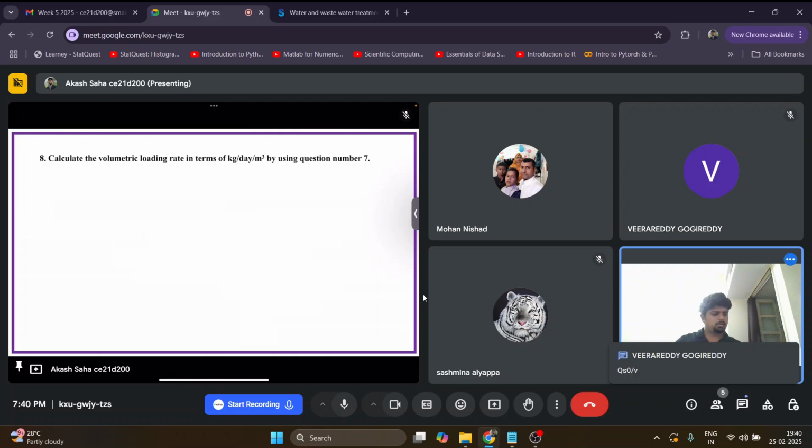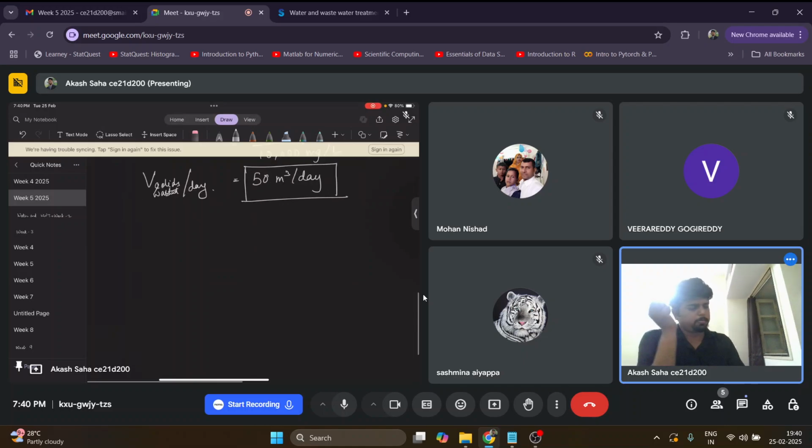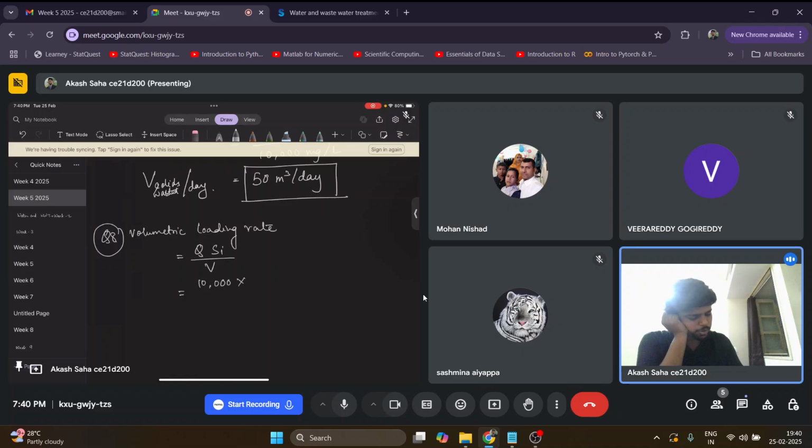So simply, we will just put in the values. Volumetric loading rate is Q S naught, or S_i, by volume. So Q is 10,000 into S_i is 150, divided by 2000.